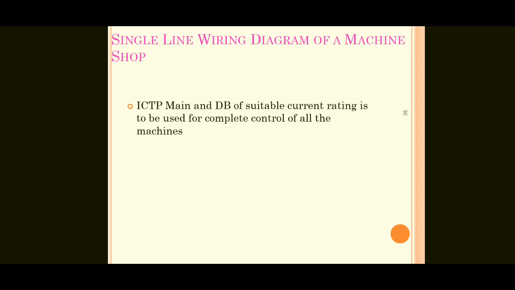Next, single line wiring diagram of a machine shop. ICTP main and DB of suitable current rating is to be used for complete control of all the machines.